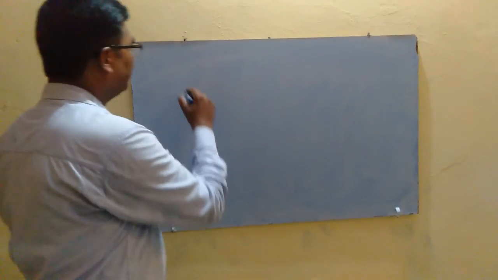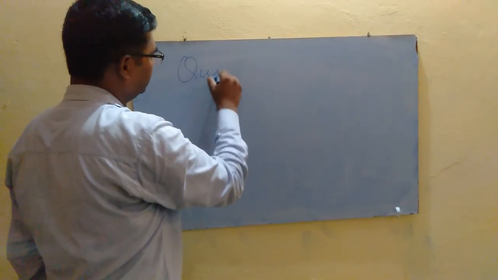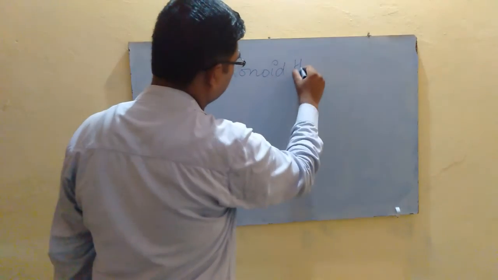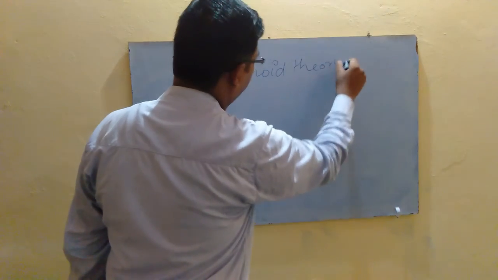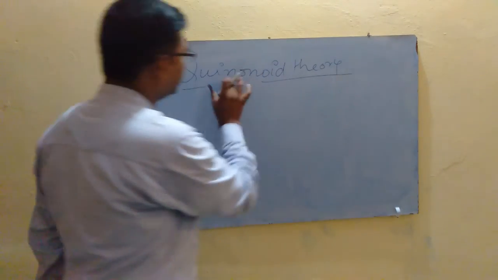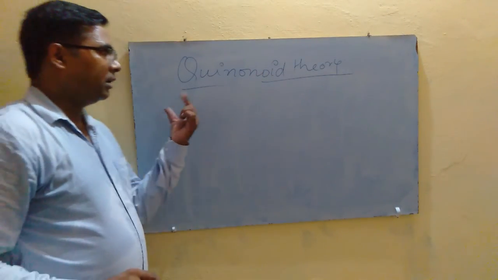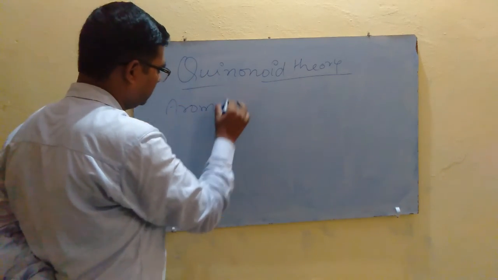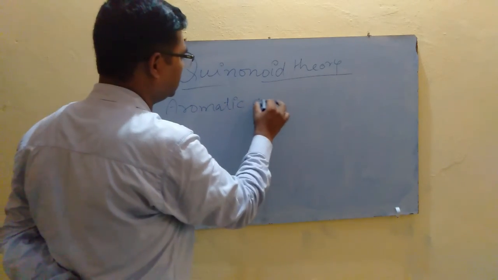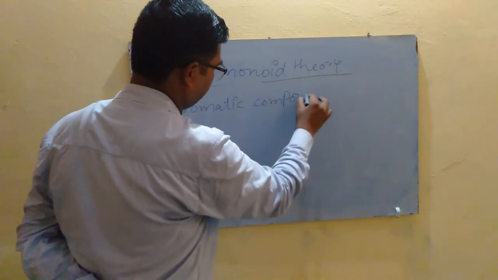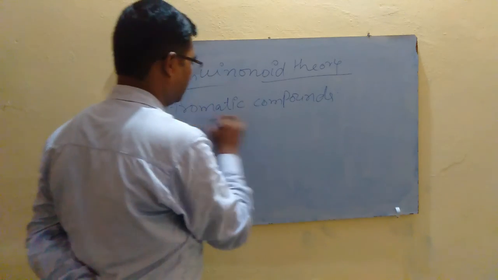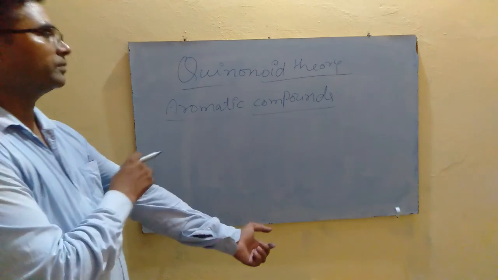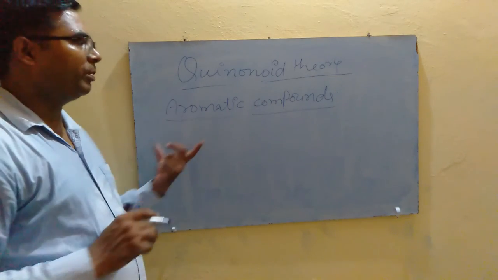Now coming to the quinonoid theory of acid base indicator. As per this theory, acid base indicators are aromatic compounds. These acid base indicators exist in two tautomeric forms.